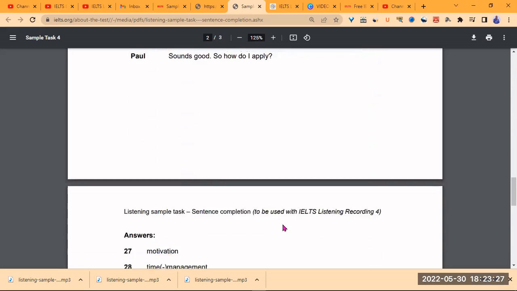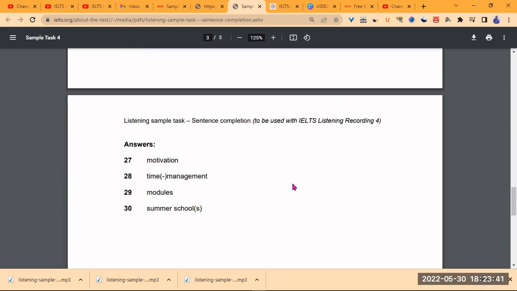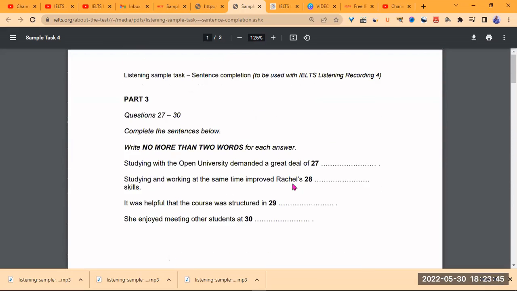Now, that's the transcript. And then let's look at the answer. So you can see, the first answer to the first question is motivation, then time management, modules, summer schools, all right? So all these featured in the conversation, and then, of course, these are answers. So studying with the Open University demanded a great deal of motivation.